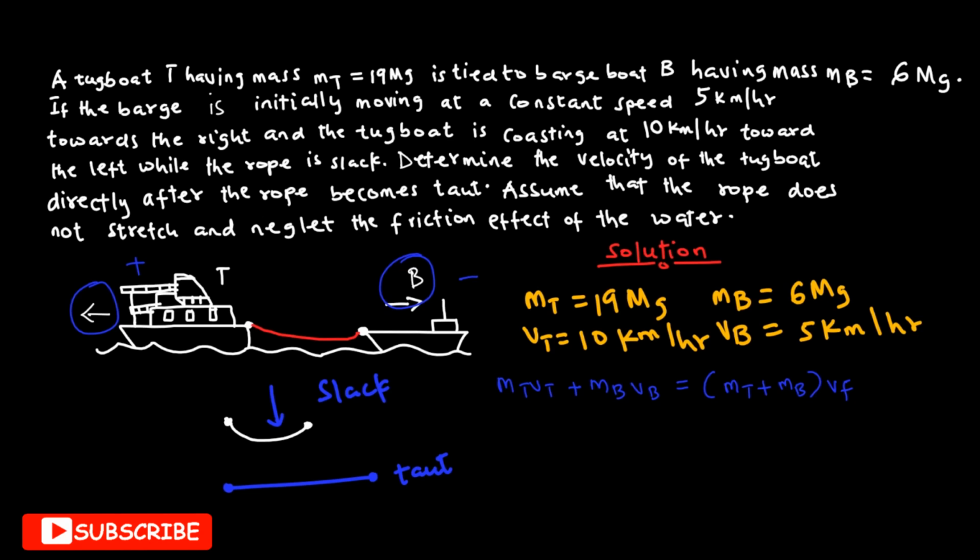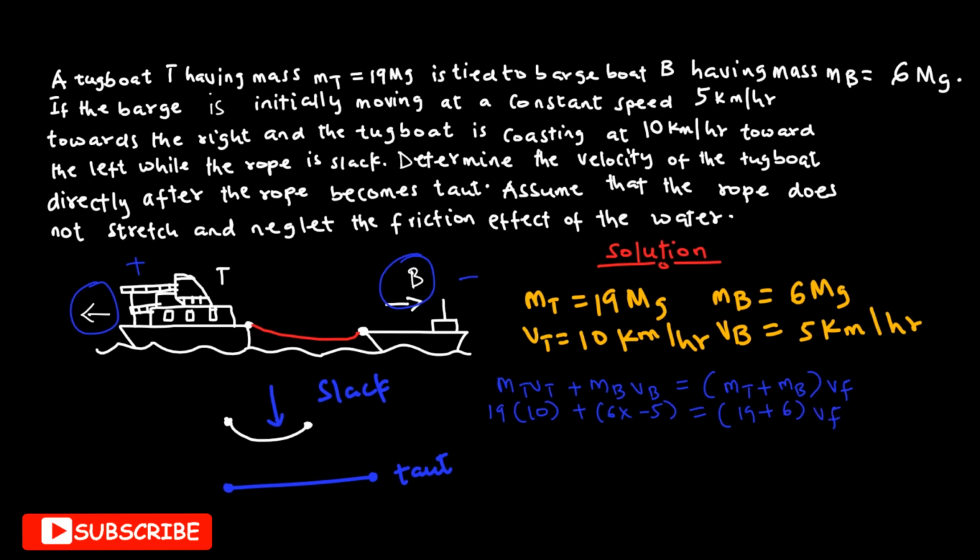Let's fix in our values. I'm going to have 19 multiplying 10 kilometers, plus the mass of the barge boat, 6, times the velocity, which will be minus 5. This will be equal to the sum of their masses, 19 plus 6, multiplying the final velocity.